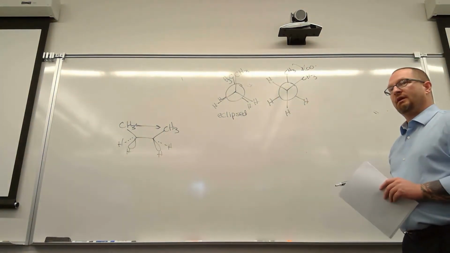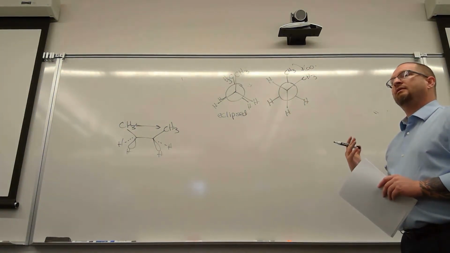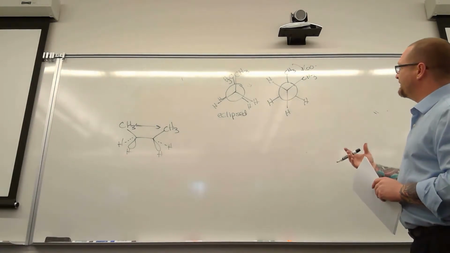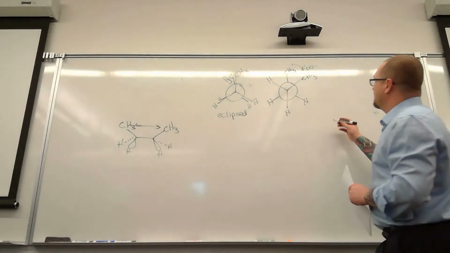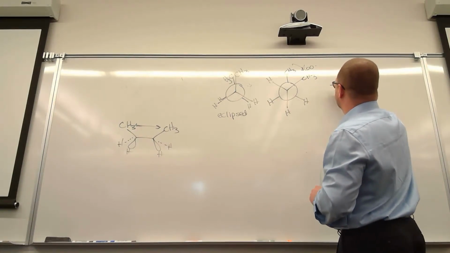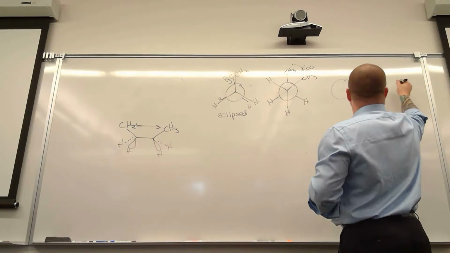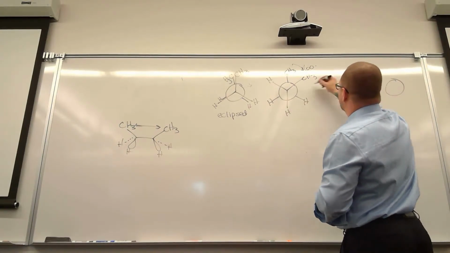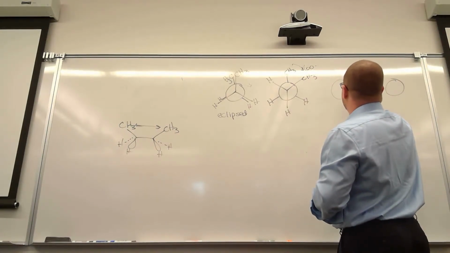This is a type of staggered, but we have two different types of staggers, just like we have two different types of eclipse. Let's do another 60-degree rotation. So I'll rotate this down.